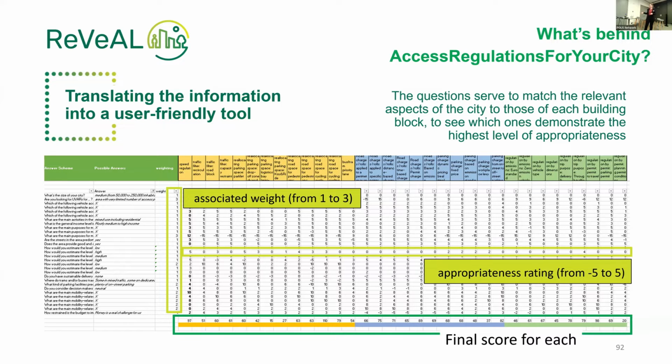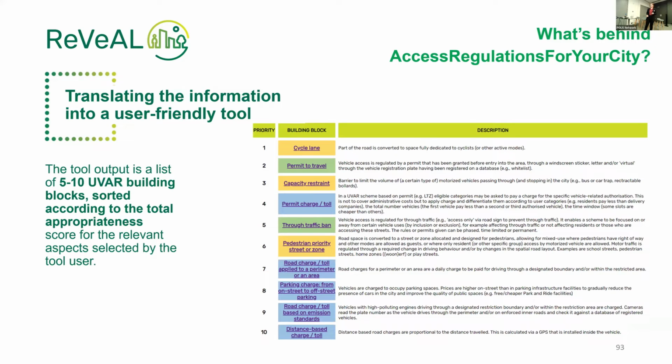The tool suggests the ones that get the higher numbers, which according to your answers are the most suitable for that specific situation. It suggests from 5 to 10 different building blocks, which then leads you to the next step, the one that Bonnie is going to introduce right now.